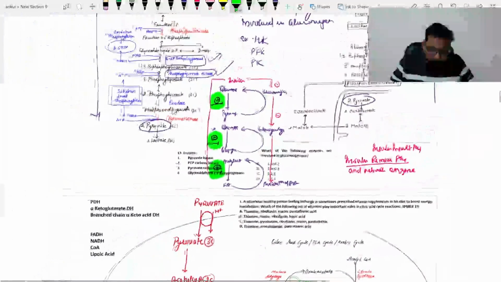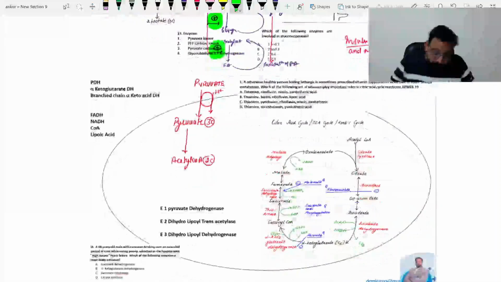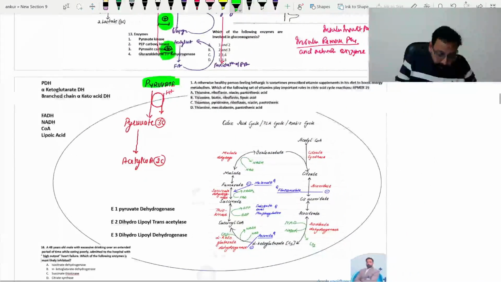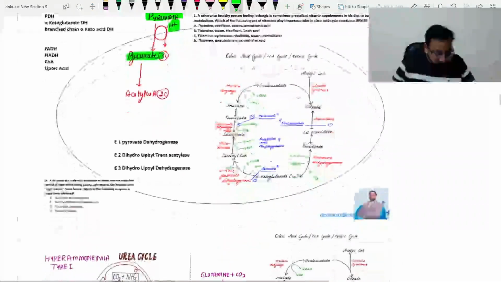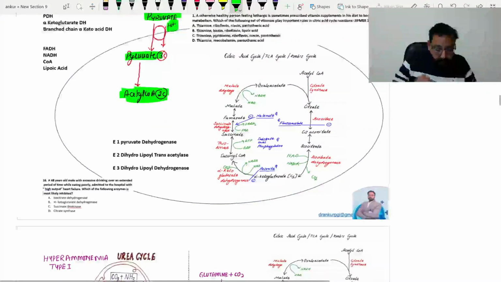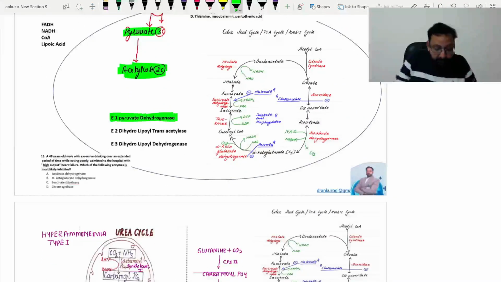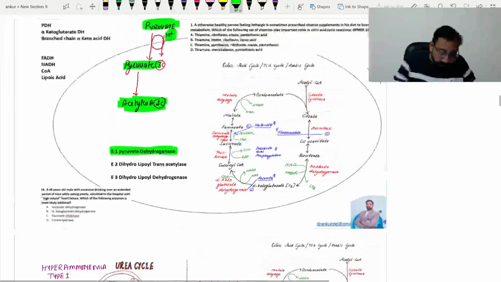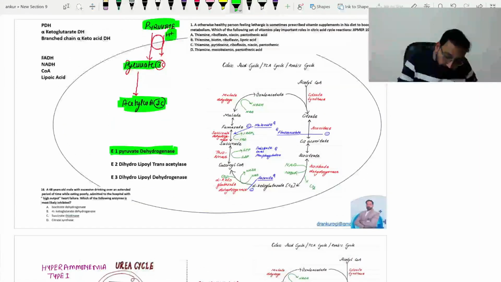Frequently asked question. Okay, now, I told you pyruvate enters the mitochondria with the help of the pyruvate transporter. Pyruvate is converted to acetyl coenzyme A by pyruvate dehydrogenase. E1 is pyruvate dehydrogenase. In this, what happens? Pyruvate has how many carbons? Three carbons. The three-carbon compound is converted to a two-carbon compound. CO2 is removed; that is done by pyruvate dehydrogenase.